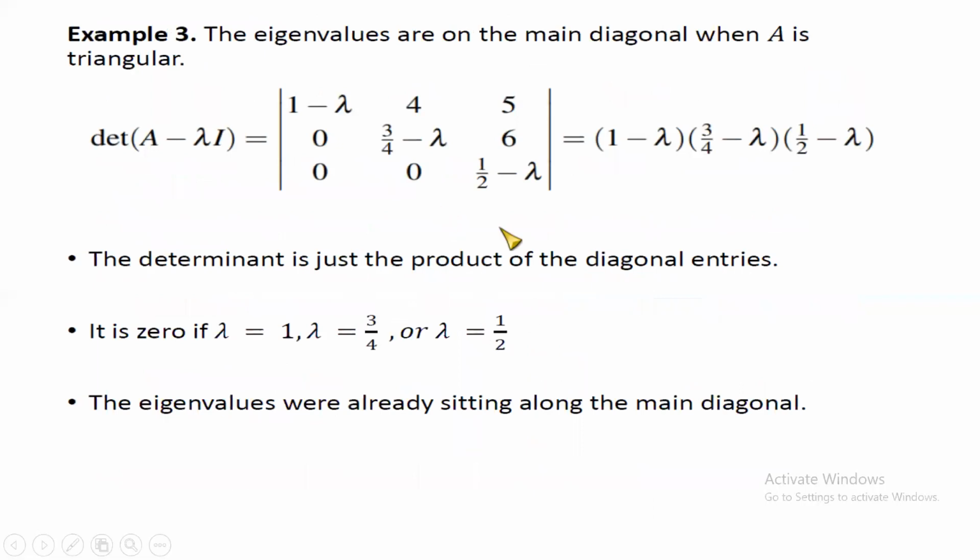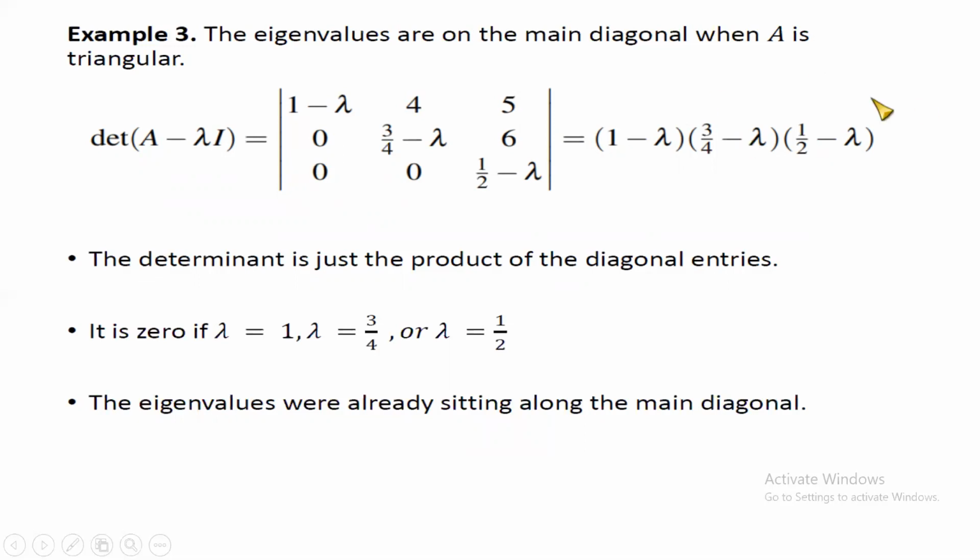Similarly, we can take another example over here. The eigenvalues are on the main diagonal when A is triangular. So if it's upper triangular or lower triangular, you will have the 3 diagonal entries. If you multiply, that becomes the determinant, because 0 into 4 will be 0, 0 into 5 will be 0, 0 into 6 will be 0.